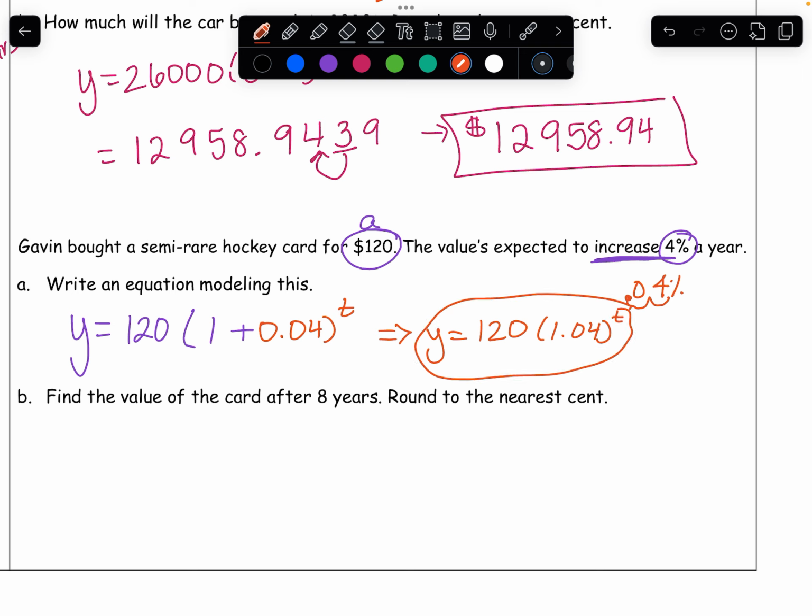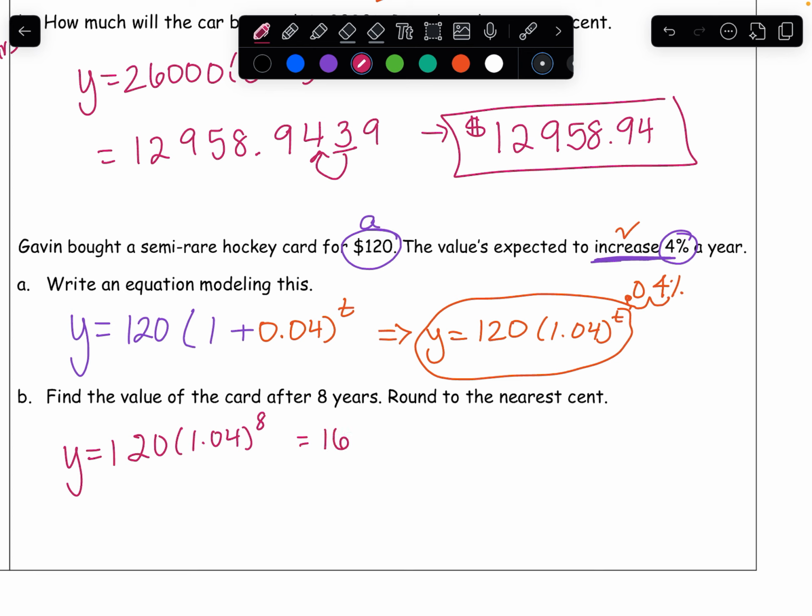This goes back to what we saw in our previous page on example 3. Our b value is greater than 1, so it's growing, which supports the fact that it's increased. So now what we're going to do is take that equation and plug in 8 years into the exponent. So 120 times 1.04 to the 8th power.